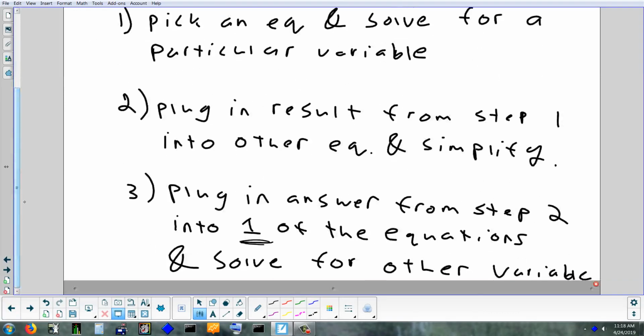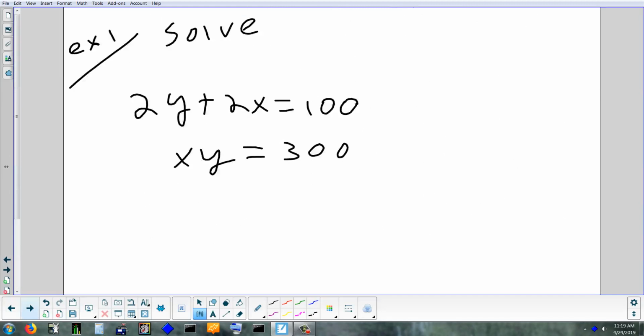Okay, so just a real quick outline of substitution. Same thing you've been doing since Algebra 1. All right, so let's solve this problem. I can make these L's and W's, doesn't really matter.